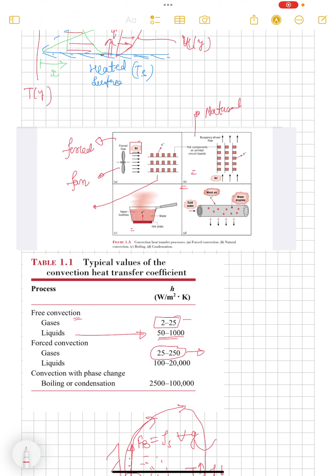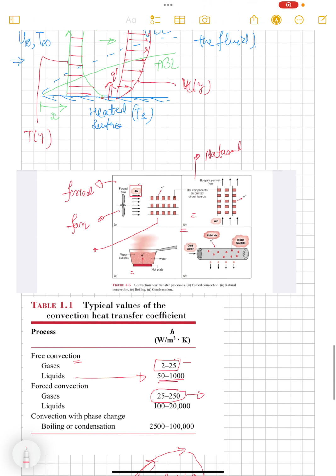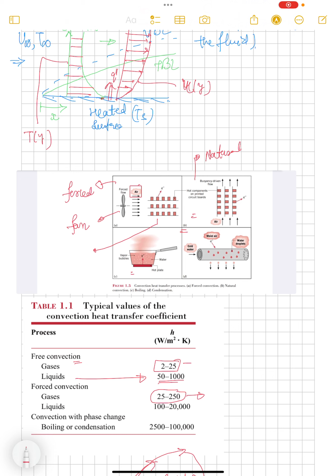Let's say this is a pipe which is running at 15 degrees Celsius, and outside is hot air. We have seen that outside our water bottles some condensed water appears.